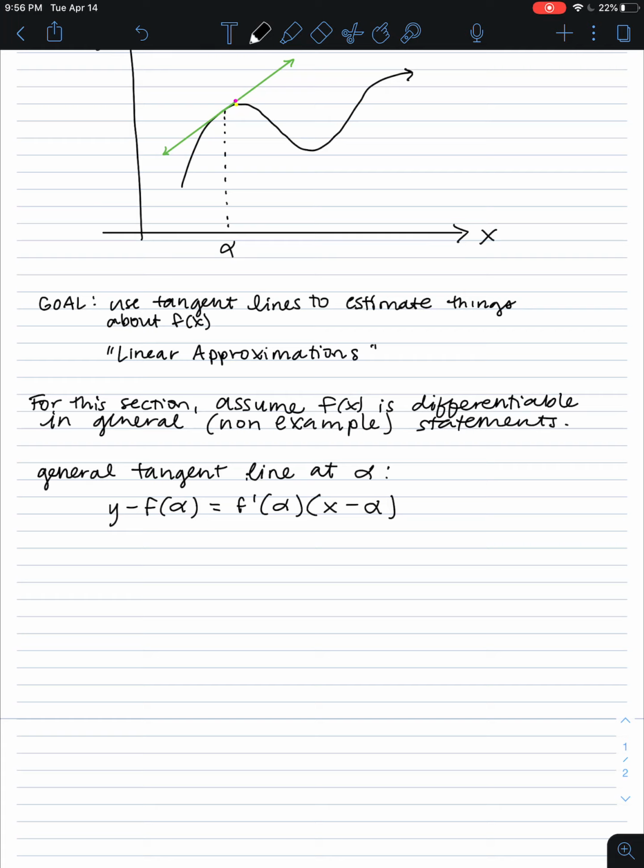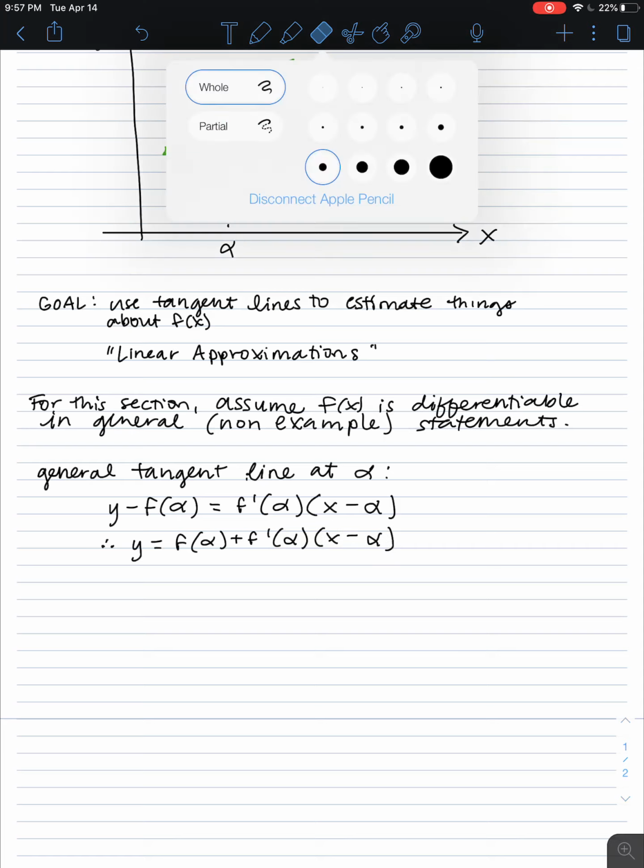Okay, so we can rearrange this, because remember, our goal is to estimate something about our function, which means our goal is to estimate this value, y, using this value on our tangent line. Okay? So we have y is equal to f of alpha plus f prime of alpha times x minus alpha. So that's our general tangent line.